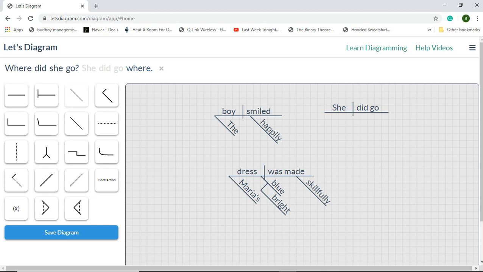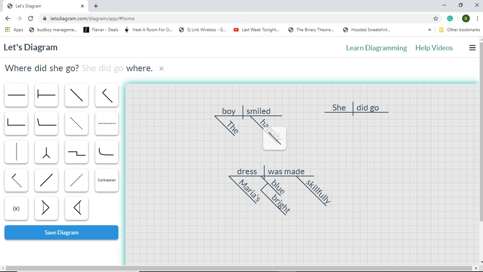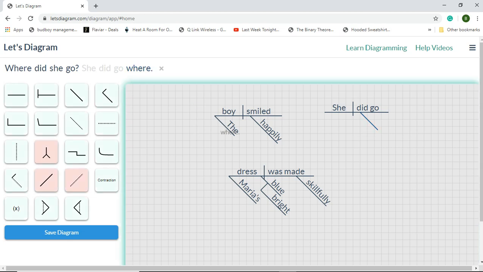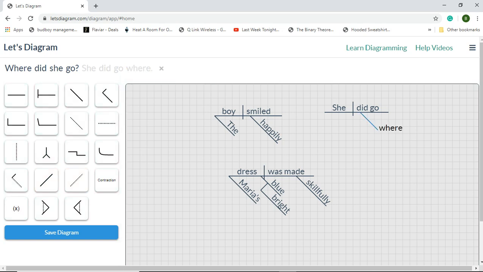So we put that because it's modifying did go. Where did she go? Where. So here's number 3. And we have our subject, helping verb, main verb, did go is the verb phrase, where is the adverb of that sentence. Let's move on.